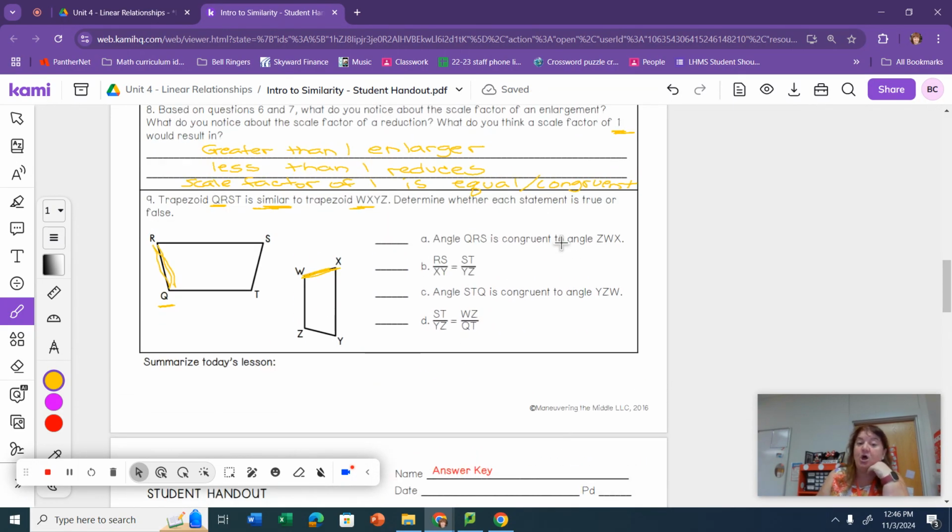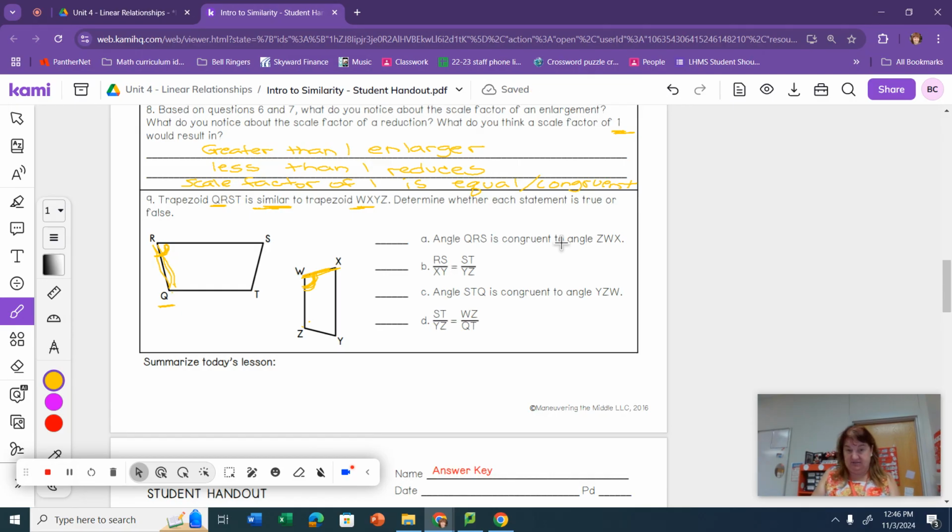Okay? So, angles QRS. So, QRS, that means this angle. Angle QRS is congruent to angle ZWX. This one right here.